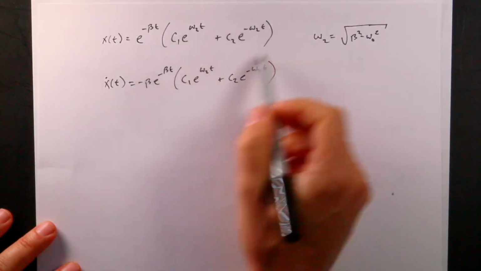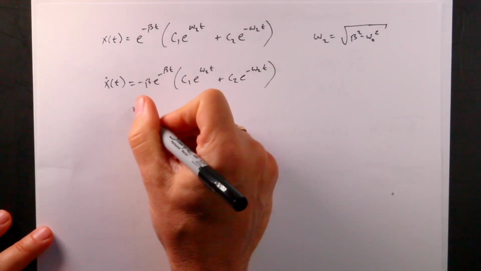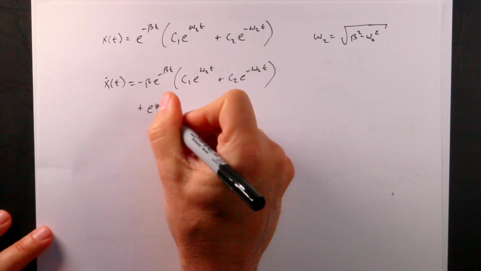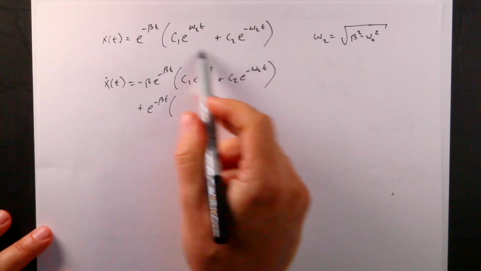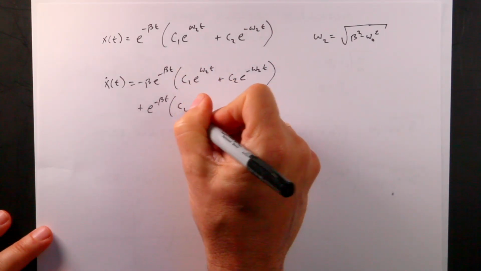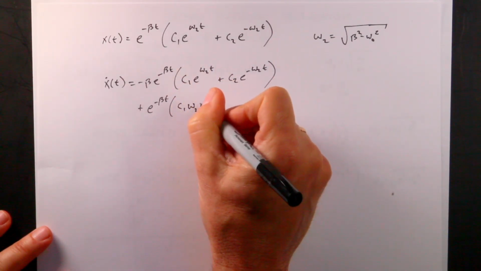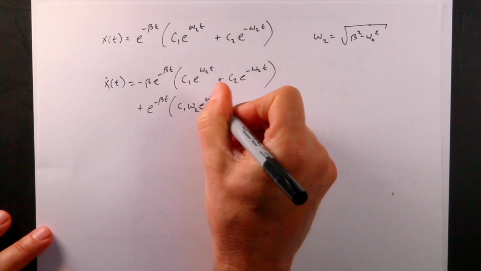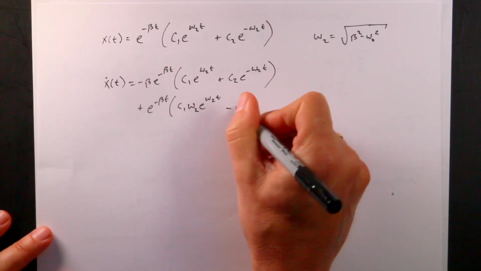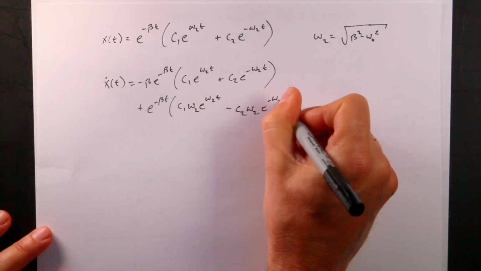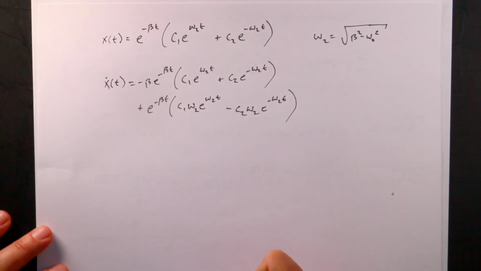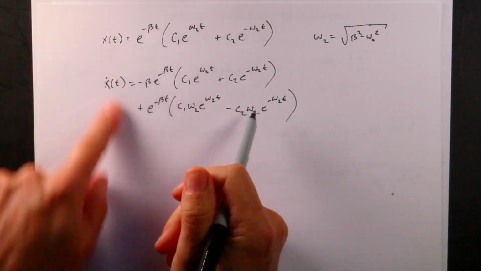Now I've taken the derivative of the inside stuff, so I'm going to say plus e to the negative beta t times the derivative of all of this, which is C1 omega 2 e to the omega 2 t minus C2 omega 2 e to the minus omega 2 t. I'm going to need this to plot.